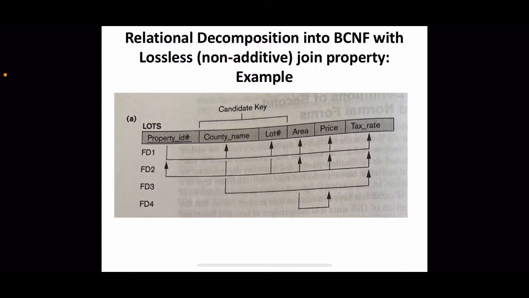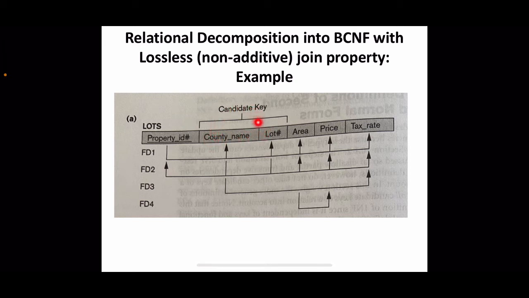Now let us revisit an example we have already seen, the Lots relational schema, which we decompose into a set of BCNF relation schemas. This is the original relation R. Property ID, county name, lot number, area, price and tax rate are the attributes.